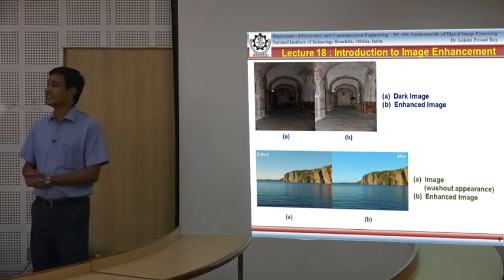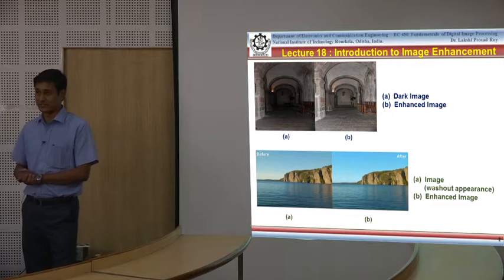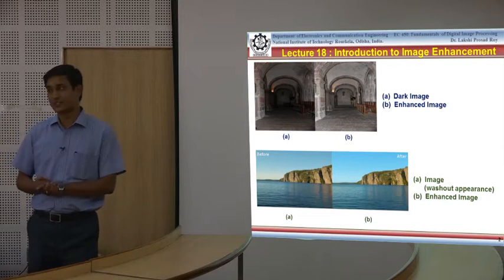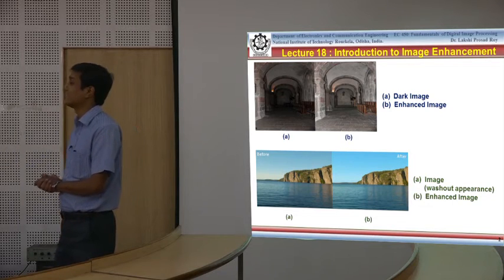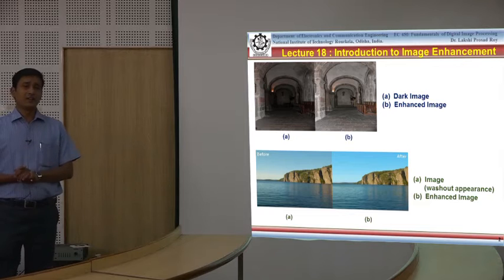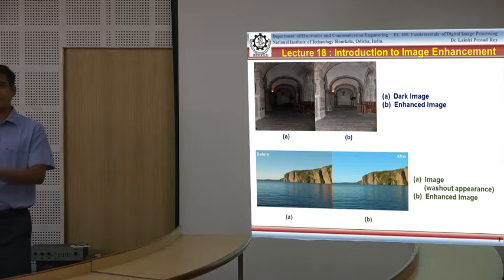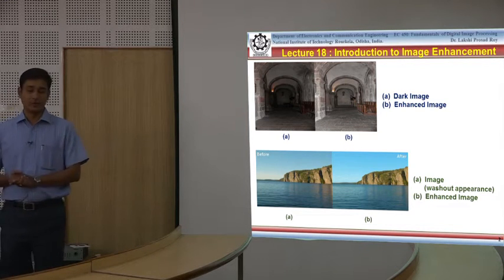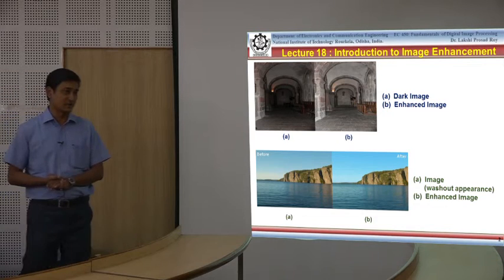So these are all subjective measurements. No objective measurements can be given for this topic of image enhancement, which can be tackled in different manners, but still, if I am saying enhancement, it is the subjective measurement I am talking about. Okay.